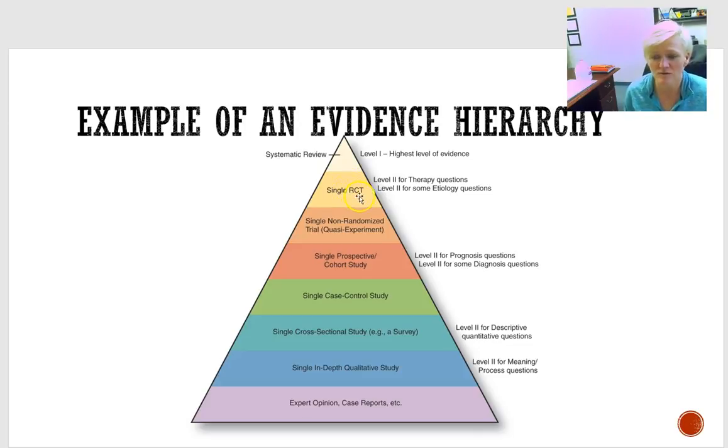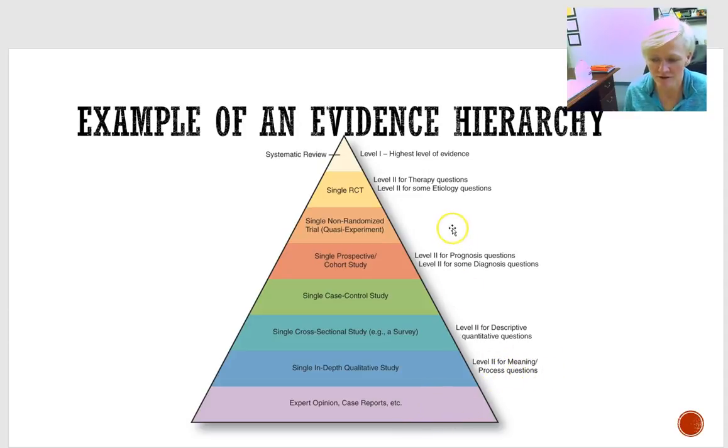And then there's a single randomized controlled trial, and this is a quantitative study here. I'm not going to go into detail about exactly what these are, because we're going to talk about all that later on, but a single non-randomized trial, so a quasi-experimental, and then it goes down from there, with qualitative studies being kind of at the bottom level, and then expert opinions and case reports being at the very bottom.